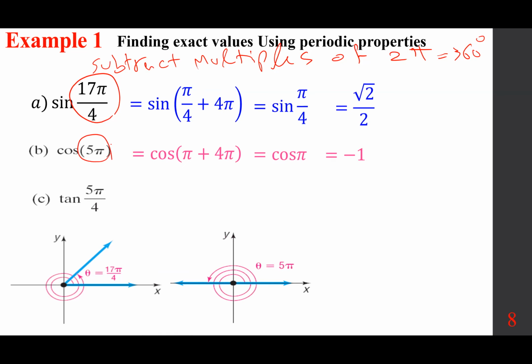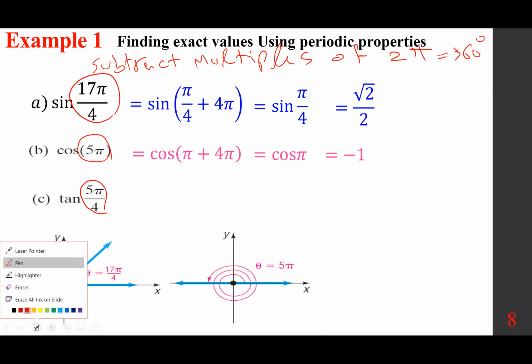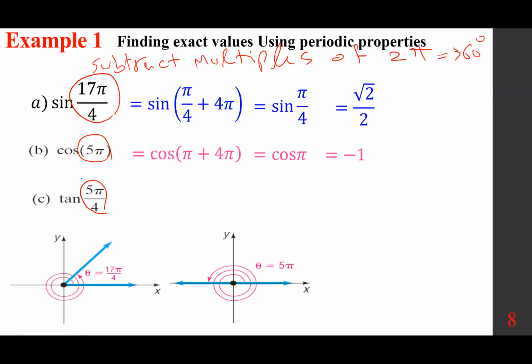So in case of sine and cosine, multiples of 2 pi. In the case of tangent and cotangent, we look at multiples of pi or 180 degrees, and we know 5 pi over 4 is pi and pi over 4.